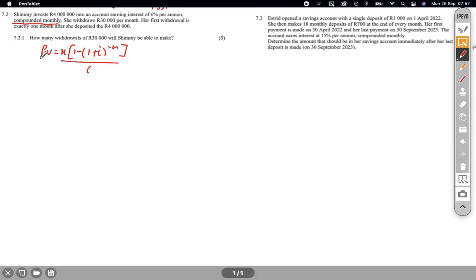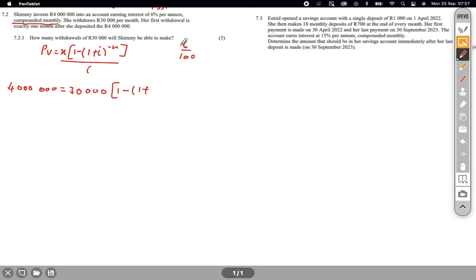Okay, so our present value is 4 million, and then the person withdraws 30,000 per month. Our interest is 6%, so remember 6 divided by 100.